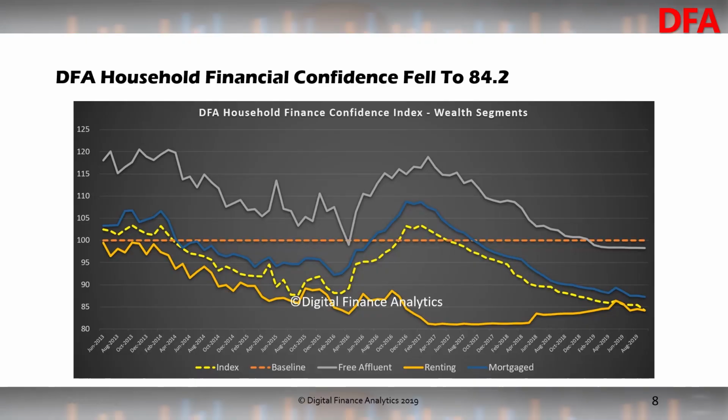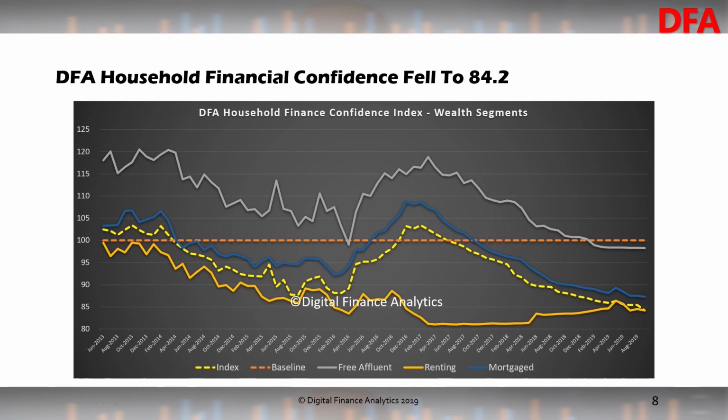Okay, the other thing is financial confidence. So this is the other key dimension in our analysis. So we ask households about how they're feeling about income, expenditure, costs, savings, loan, and their net worth.